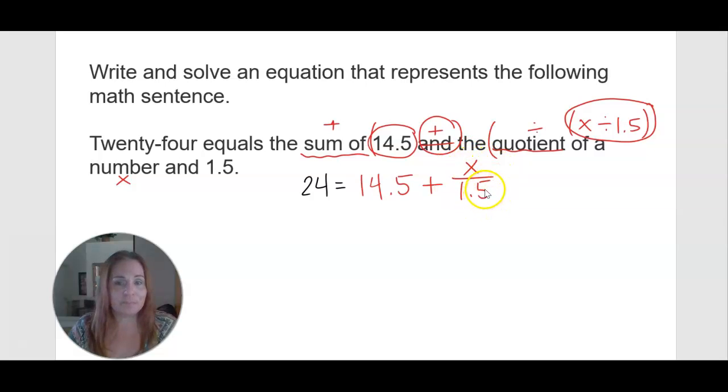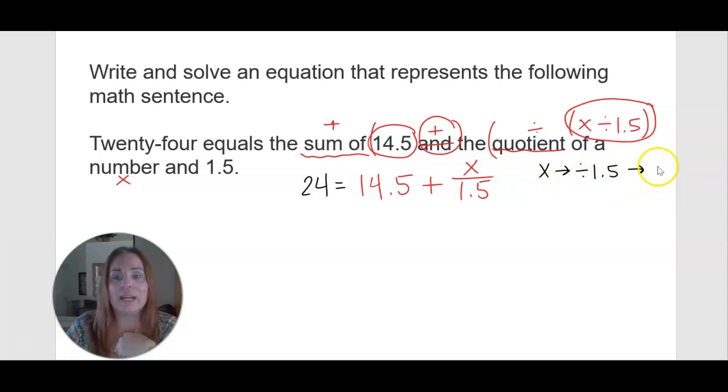All right, so now I have to solve this. If you remember back to solving two-step equations, it's important to look at the order of operations starting with the variable. If I look at this variable x, the very first thing order of operations tells me to do is to divide by 1.5.